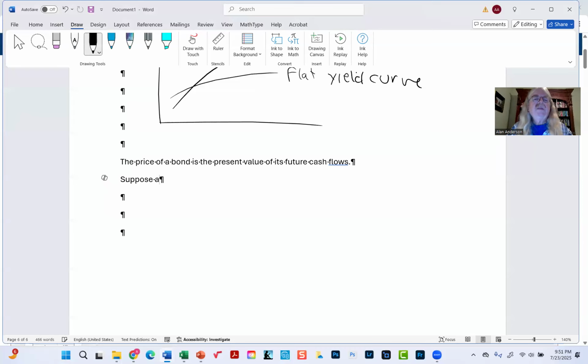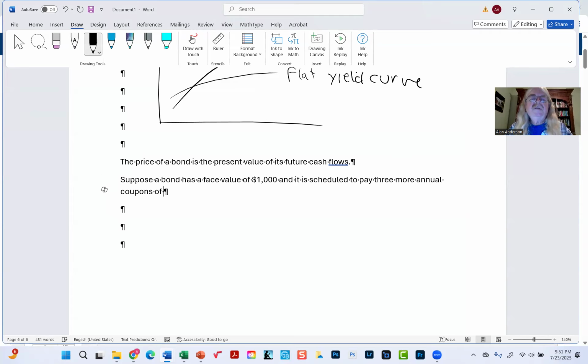Suppose a bond has a face value of $1,000 and it is scheduled to pay, let's say, three more annual coupons of $50. If the bond's yield to maturity is, let's say, 6%, what is the market price of this bond?